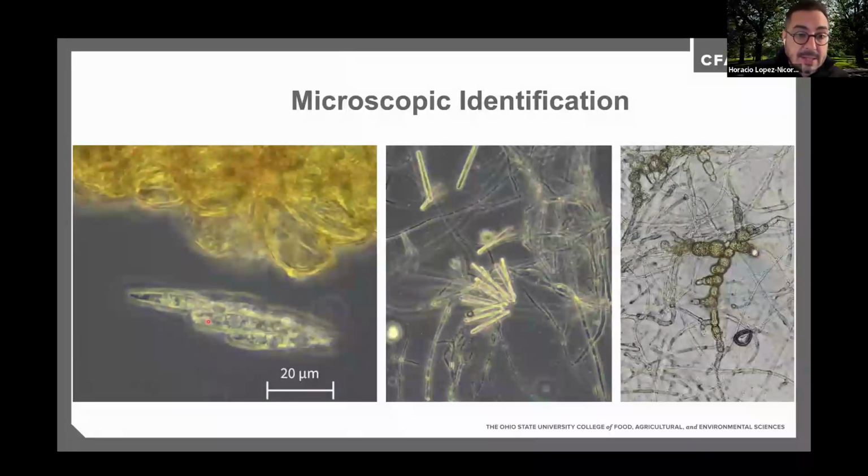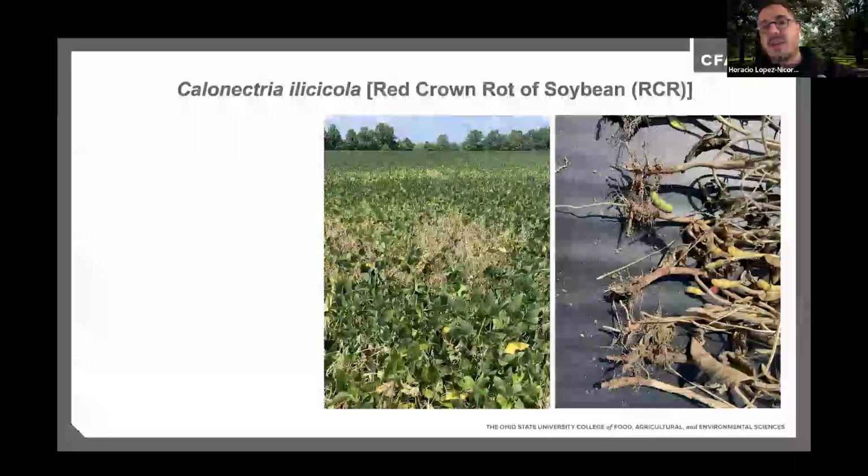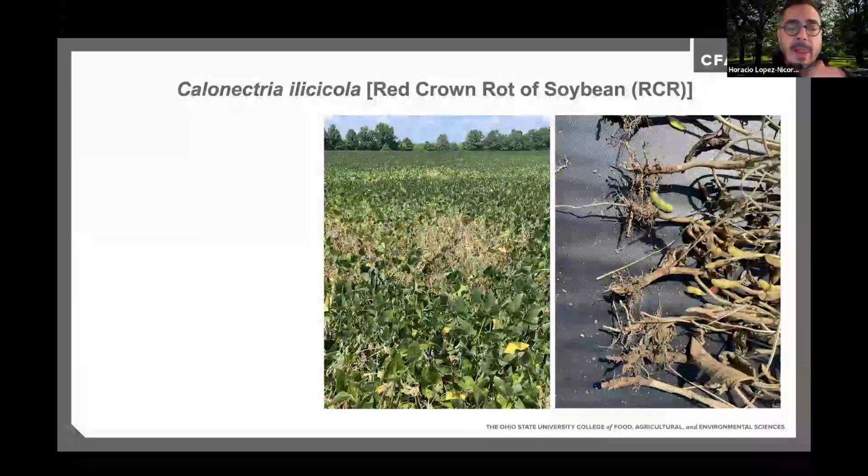You need to know that you're looking at the sexual spore of the fungus that causes red crown rot, the asexual spores, the microsclerotia, which is the way that this fungus will overwinter over time and will move through soil movement. And then with all that, you do a DNA extraction and you confirm you have red crown rot, and only then you go and tell the grower, unfortunately, my friend, you have red crown rot.